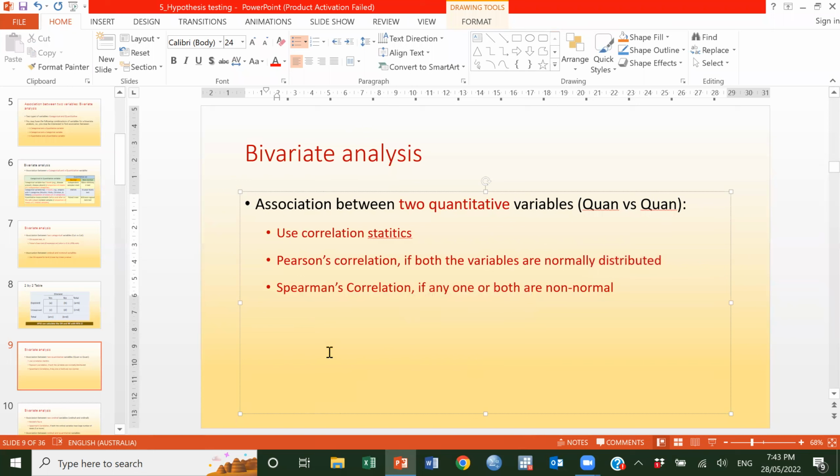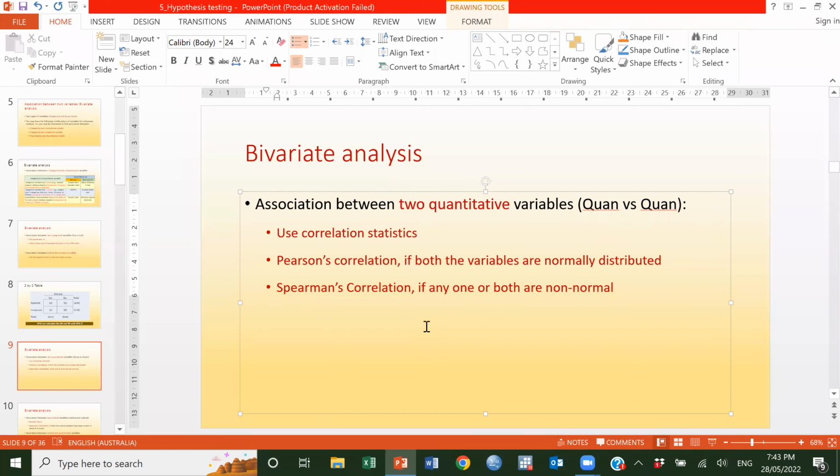For example, suppose we want to know whether there is a correlation between systolic and diastolic blood pressure. To understand this, we do the correlation analysis.